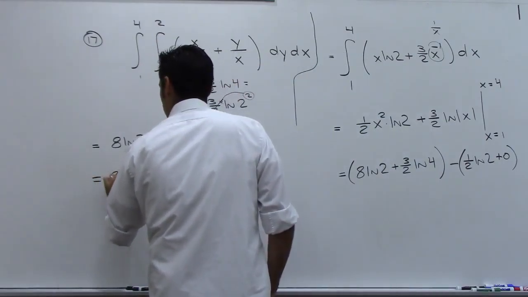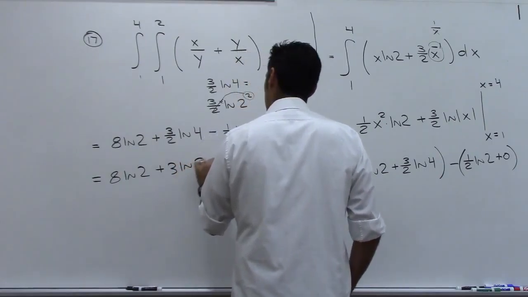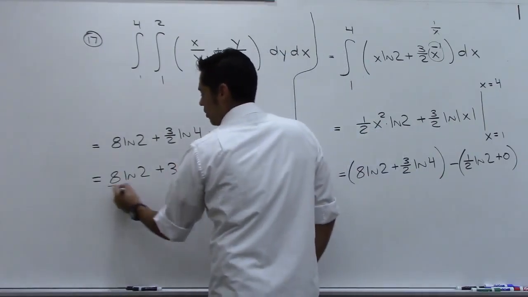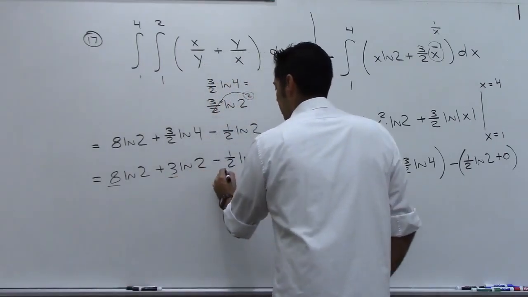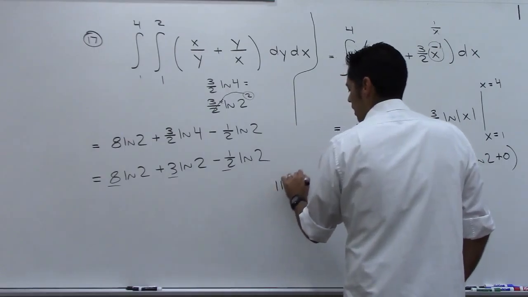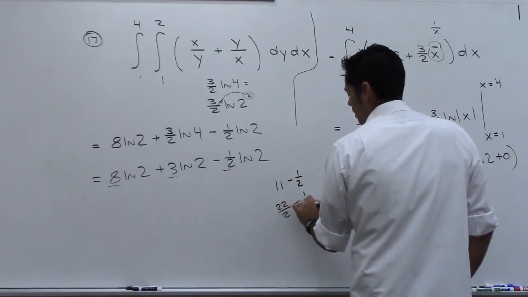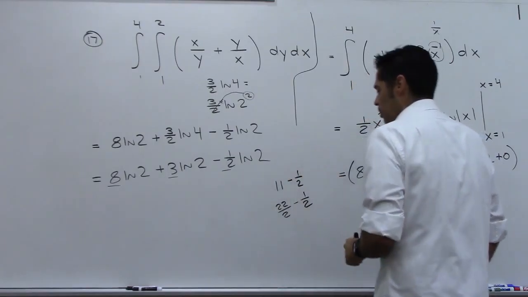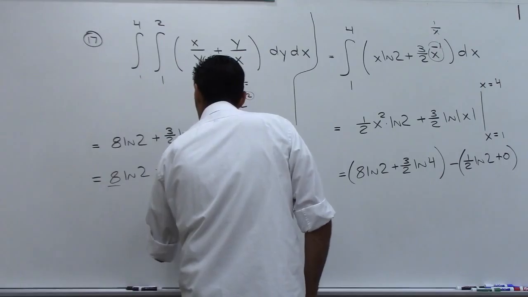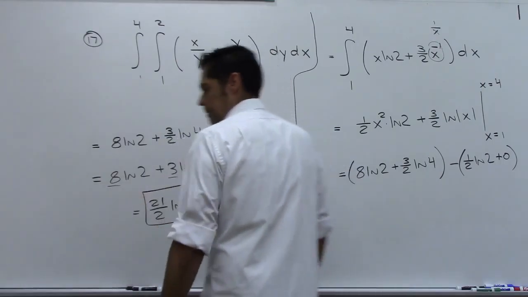So I have 8 natural log 2 plus 3 natural log 2 minus 1/2 natural log 2. So just combine all the coefficients. 8 plus 3 is 11, take away 1/2. Common denominator, 22 over 2 minus 1/2 is 21 over 2. 21 over 2 natural log of 2. That should be it.